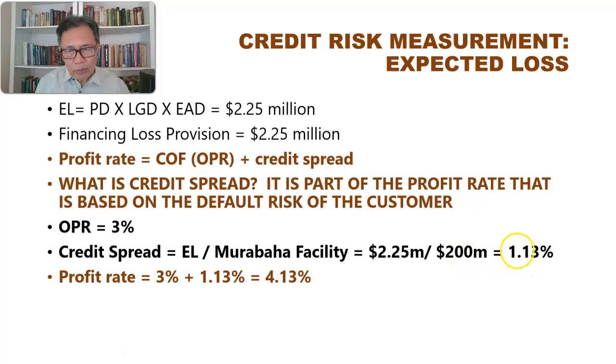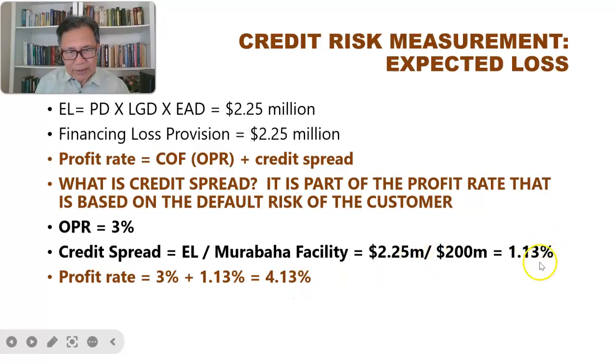So we got 1.13%. So that will be the credit spread that we have computed, given the nominal value EL of 2.25 million and a murabahah facility of 200 million.